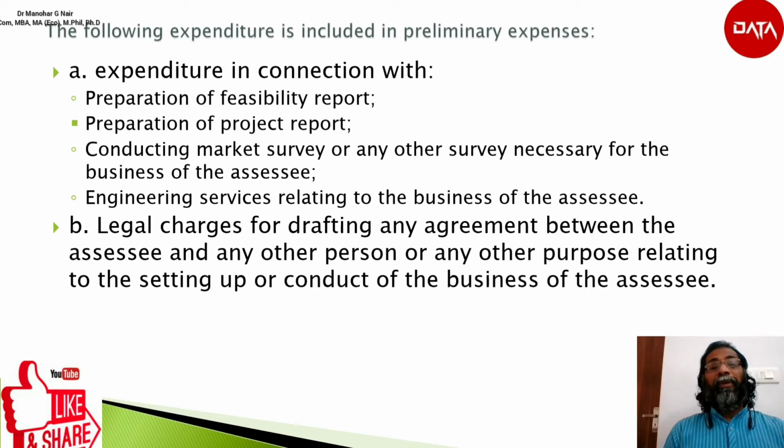And also included are the legal charges for drafting any agreement between the assessee and any other person or for any other purpose relating to the setting up or conduct of the business of the assessee.